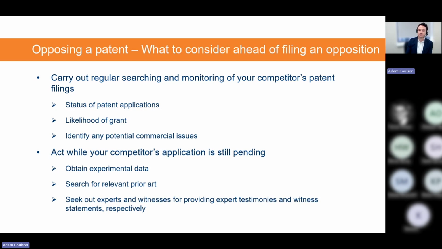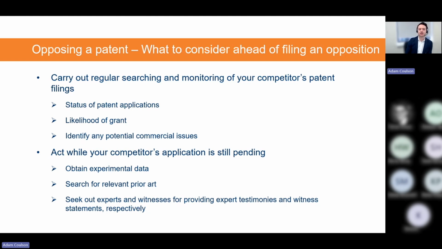Searching for prior art, which can be used as evidence of the lack of novelty or lack of inventive step of the patent, and searching for evidence of prior use of the invention claimed in the patent. And obtaining witness statements or expert testimonies to support your arguments against the validity of the patent, which you will submit in your opposition.